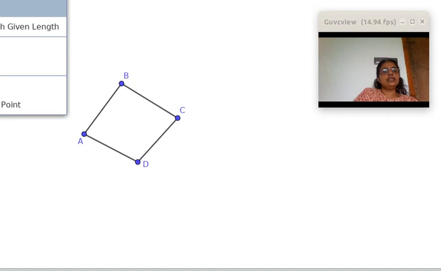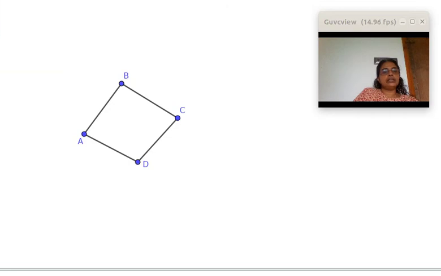We cut the quadrilateral into two triangles by drawing a diagonal. This is the diagonal. By drawing a diagonal, we cut the quadrilateral into two triangles.